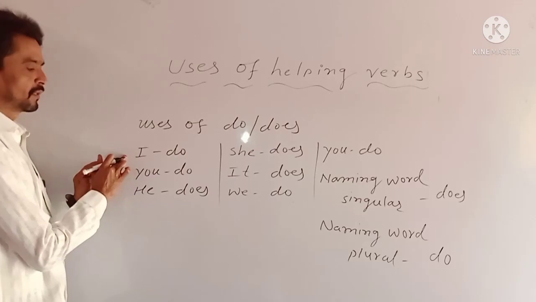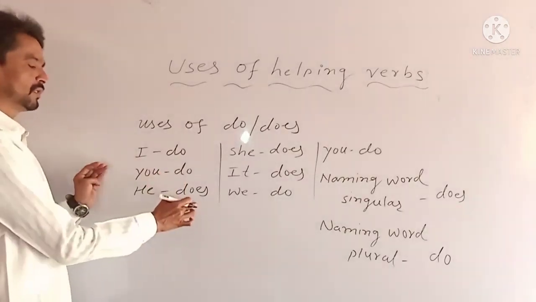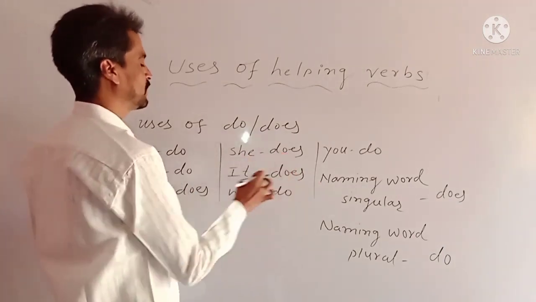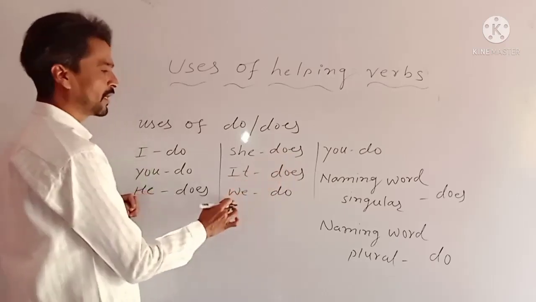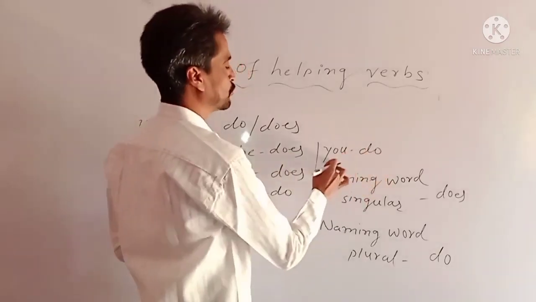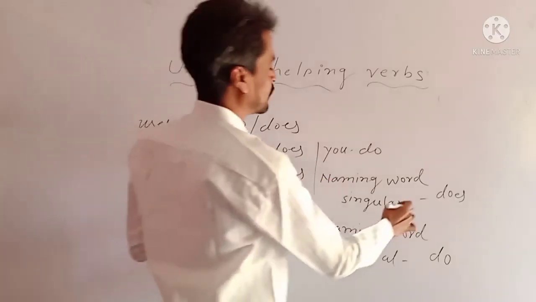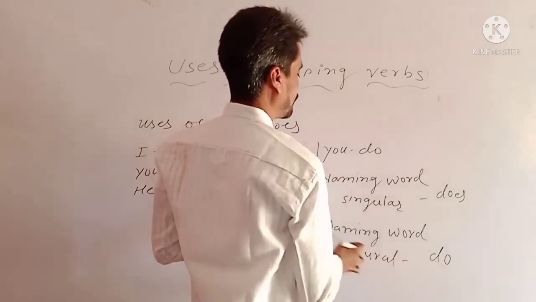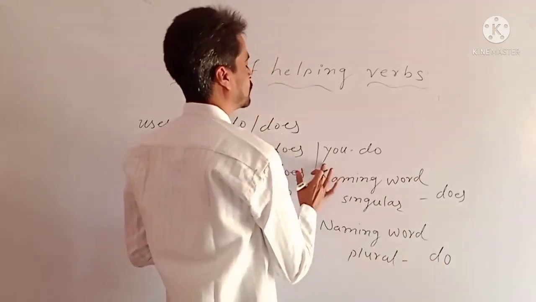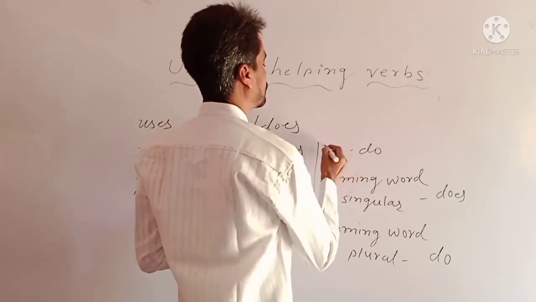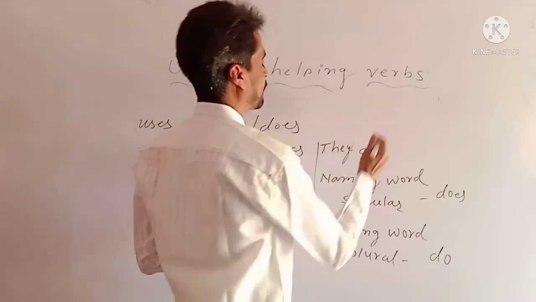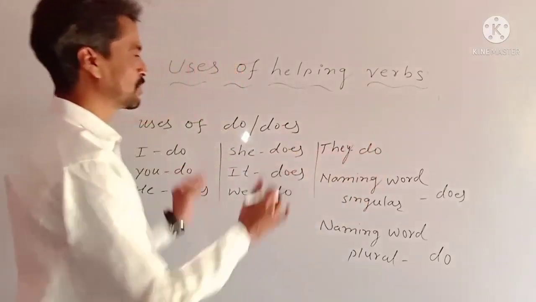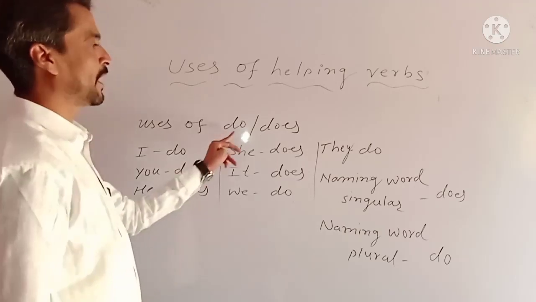Do with I, do with you, does with he, does with she, does with it, do with we, do with you, does with naming word singular and do with naming word plural. Do with they. So these are the uses of the helping verbs do and does.